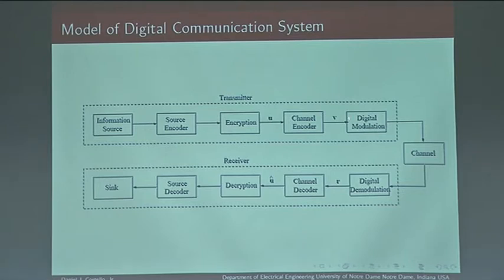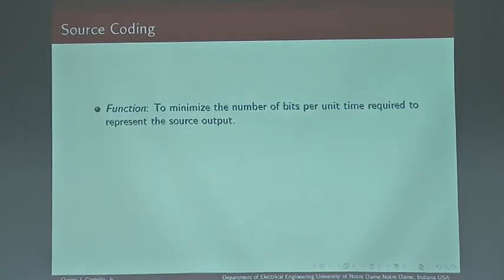And then we have modulation, which converts to a waveform for transmission over the channel, demodulation, decoding, decryption, and then source decoding, which puts the information back in the original form for the intended user of the communication system.